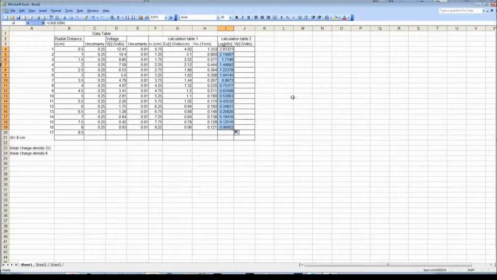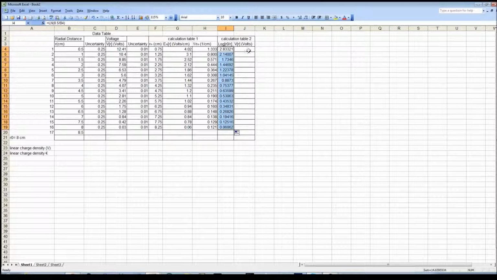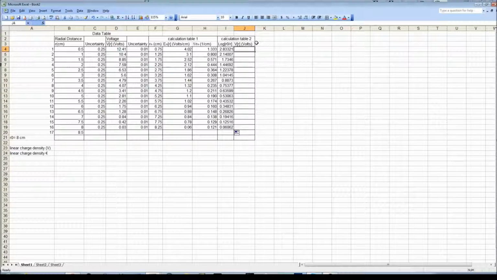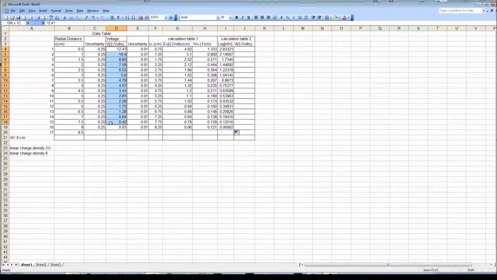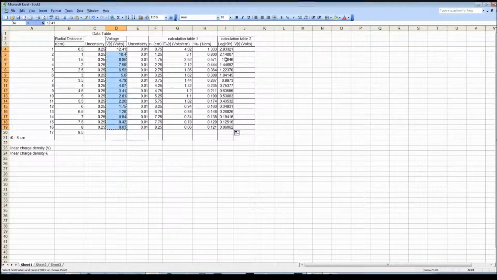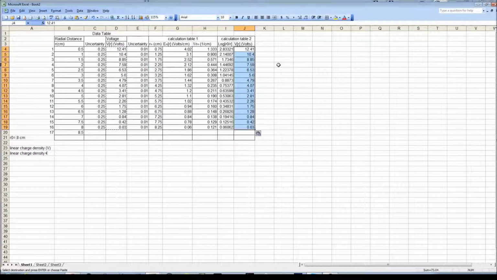We carry that down, and there we go. And now for our VR in volts, that is quite simply our data right over here. We just need to copy paste that over.